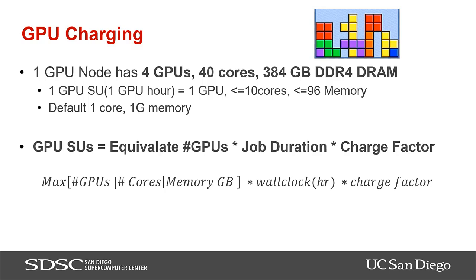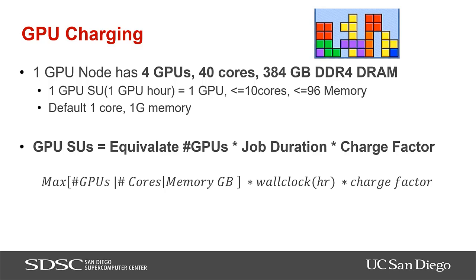So if you take the fraction down to the lowest portion of that node, you can have up to one GPU, up to 10 cores, and up to 96 gigabytes of memory. So again, for GPUs, unless you specify differently, by default, if you request one GPU and don't add the other elements into your batch script, you're also only going to get 1 core and 1 gigabyte of memory.